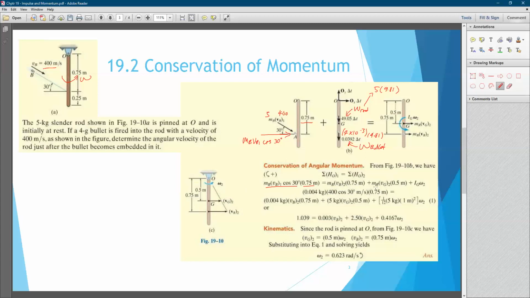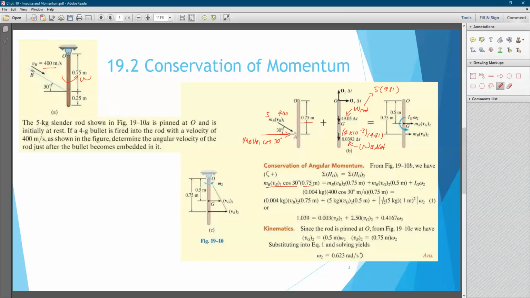So MR is the mass of the rod, which is 5 kg, and then VG2 is unknown, VB2 is also unknown, and the distance: because it is a uniform rod, the total length is 1 meter, so the center of mass is in the middle, 0.5 meter from point O, like so.